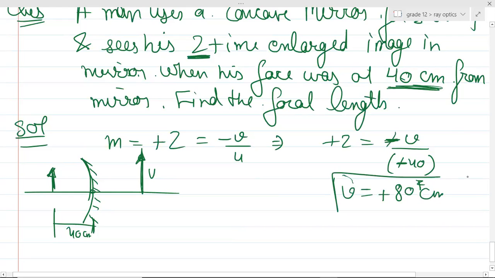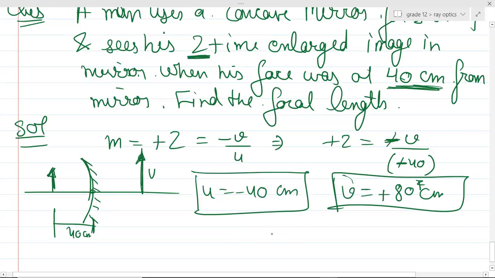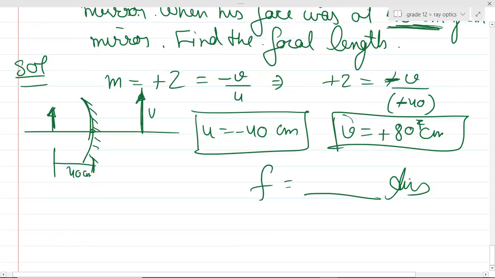So now you got v, now you got u, and I think you can calculate f easily. Right? Will it be done, guys? Okay.